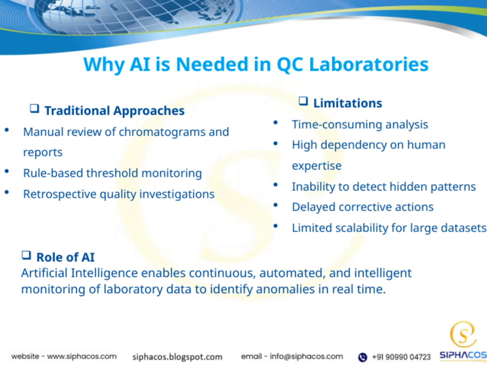The role of AI is to enable continuous, automated, and intelligent monitoring of lab data. It can identify anomalies in real time, helping us catch issues early and act promptly. This shift not only improves efficiency, but also enhances accuracy and consistency in quality control, aligning perfectly with the overarching goal of advancing our laboratory practices.